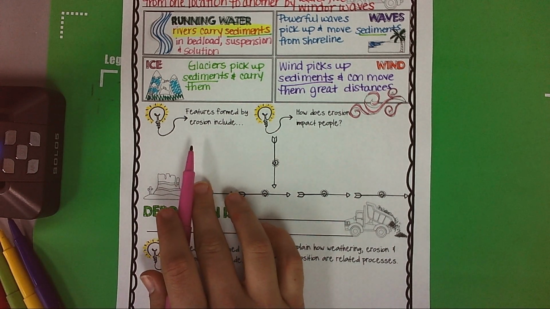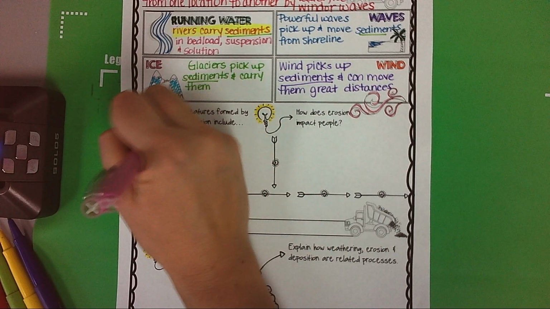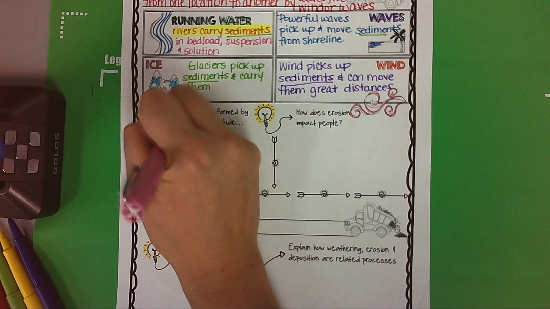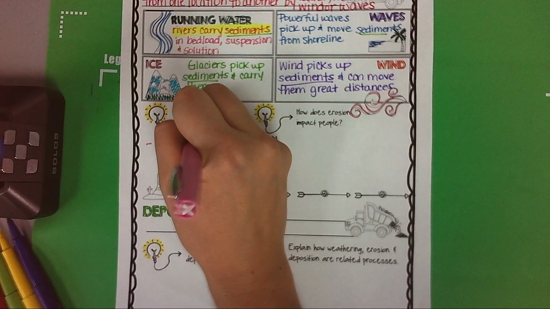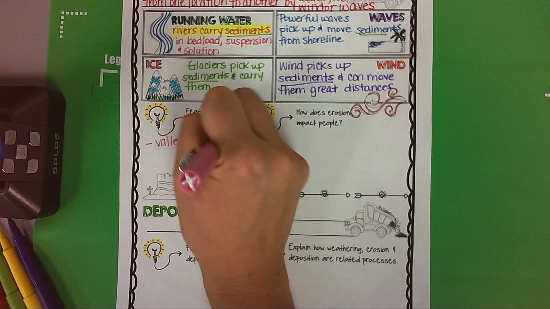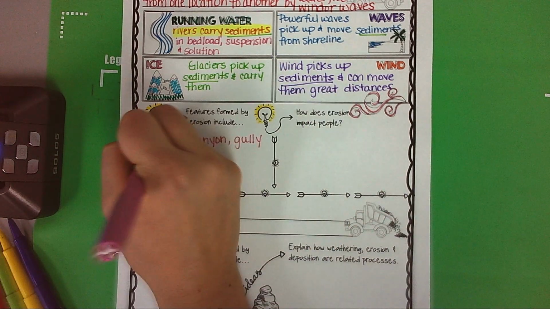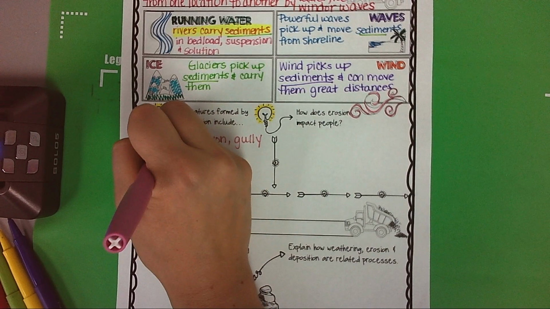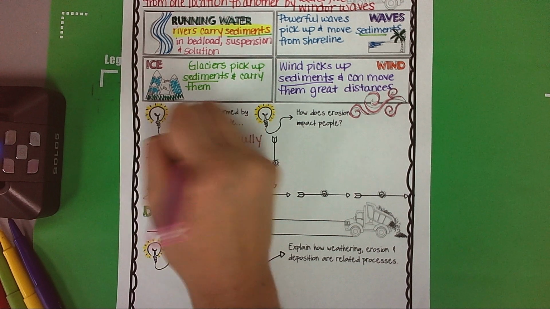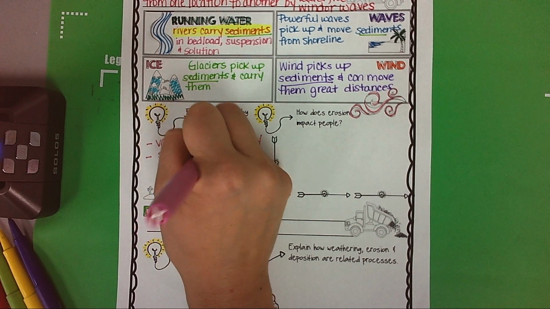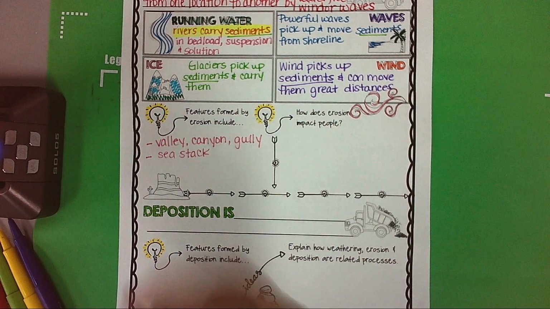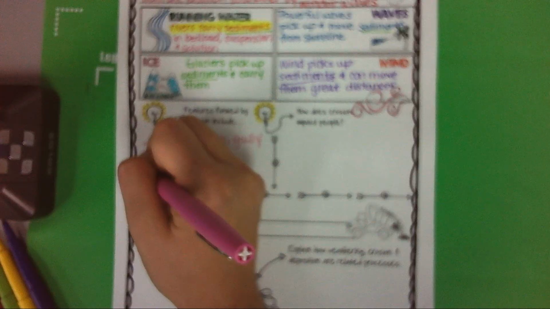All right, so what are some features that are formed by erosion? Like, what are some landforms? All right, so we have a valley, or a canyon, or a gully. We have something that's called a sea stack. So think of rocks that are stacked up on top of each other.